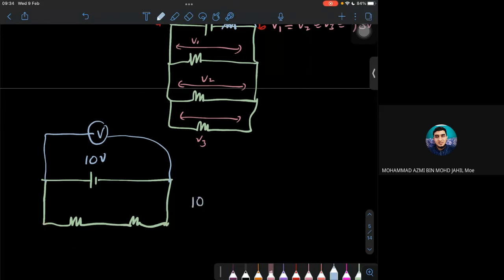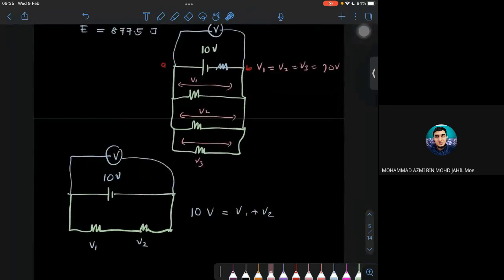Okay, tetapi so here V1, V2. Disebabkan dia resistor, dia akan ada voltage drop. That's why 10 volt akan sama dengan V1 plus V2. 10 volt ni dia bagi dekat sini, dia bagi dekat sini. Okay, it's something like that lah kamu punya konsep untuk series dan parallel.